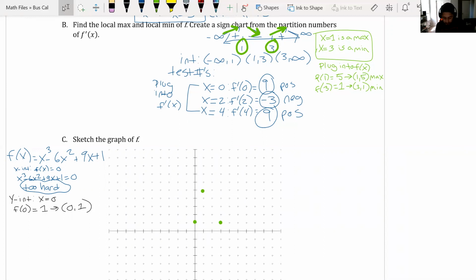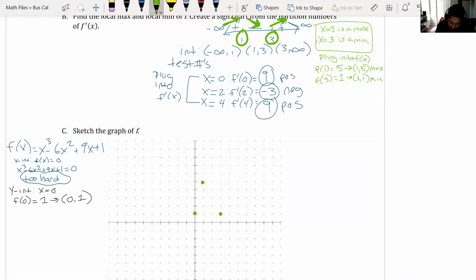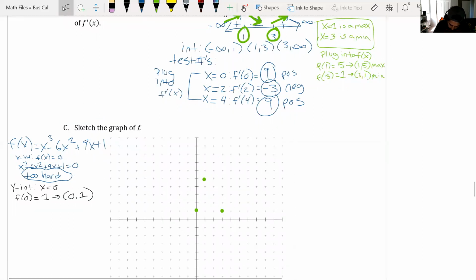My sign chart above says from negative infinity to 1, our graph is going to increase. So this is what we should look like. Maybe a little more curvy because you have to curve around.